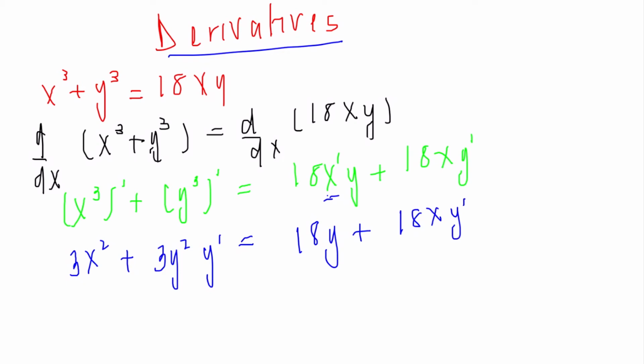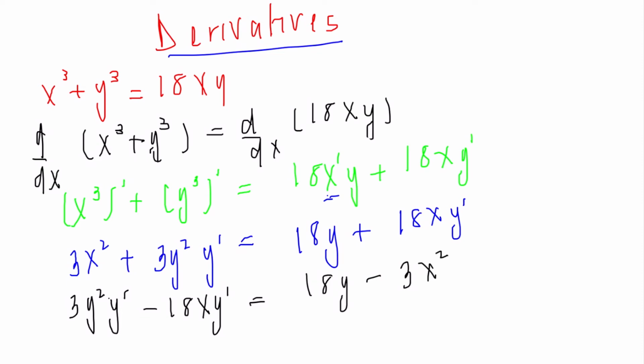Now we bring together whatever has y prime, so it's 3y squared y prime minus 18x y prime. And then we take whatever doesn't have y prime to the other side: 18y minus 3x squared.